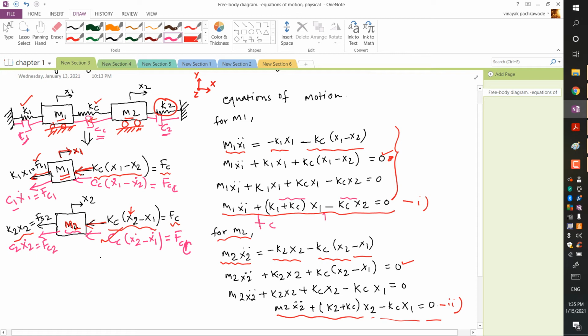So it would be written as plus (c1 plus cc) x1 dot and minus cc x2 dot. So there are a total of five terms in equation 1. This is term number 1, this is number 2, number 3, number 4, and that's number 5, and they all equate to 0. Similarly, for object m2 we can have equation 2.